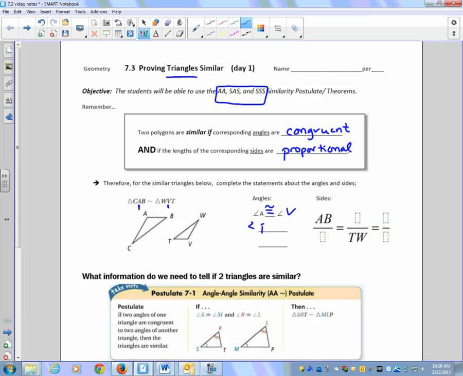So angle B is congruent to T because it corresponds to angle T. And angle C is congruent to angle W. The sides then are in the proportion AB is to VT, BC is to TW, and AC relates to VW. Okay, that's just a reminder.